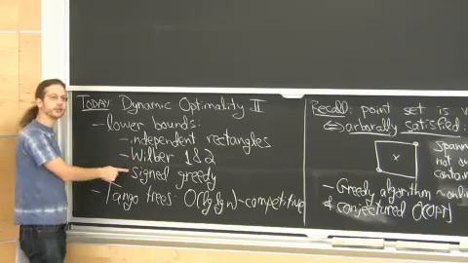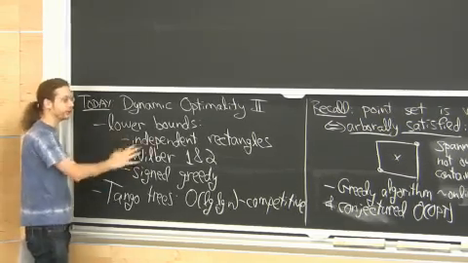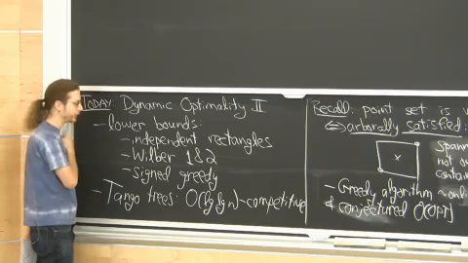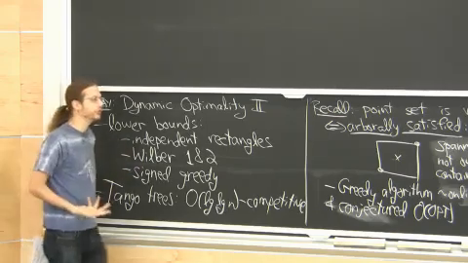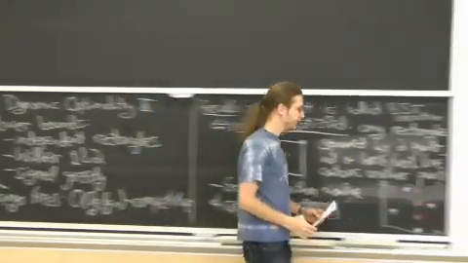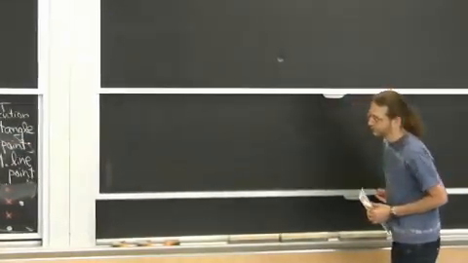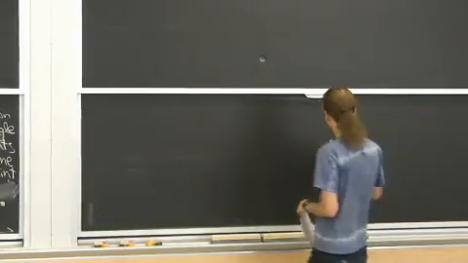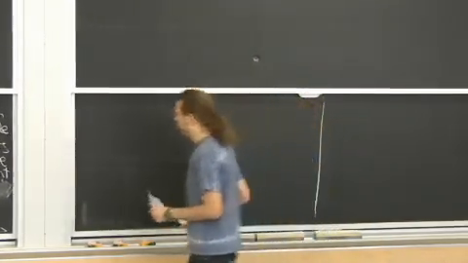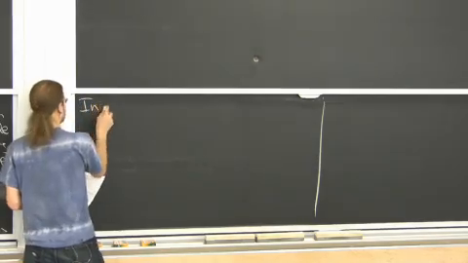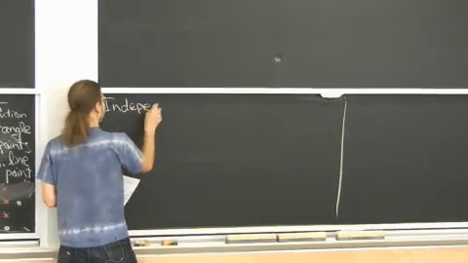Signed greedy is going to turn out to be the best lower bound. It's better than all the ones that we will cover, but each of them has their own uses for analysis. Each of them is going to let us analyze an algorithm that we couldn't, or that we don't otherwise know how to analyze. So let's do the independent rectangle lower bound, this sort of generic one.